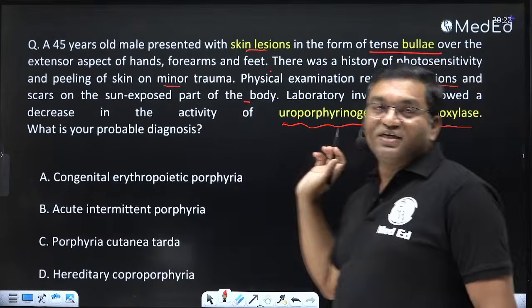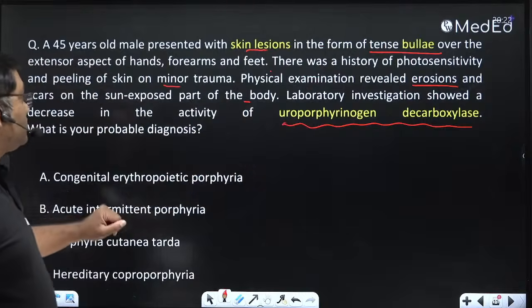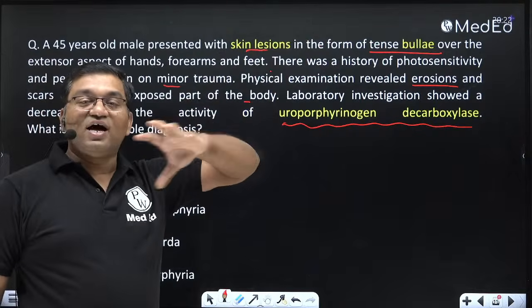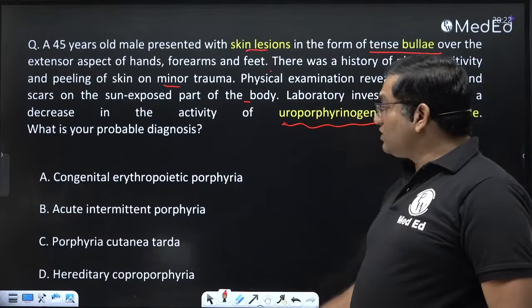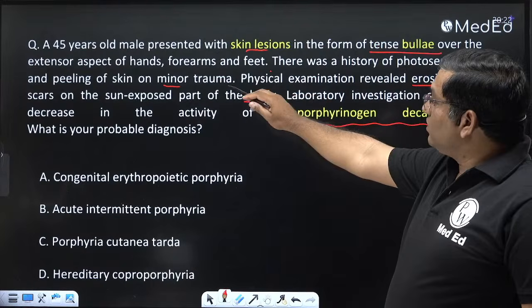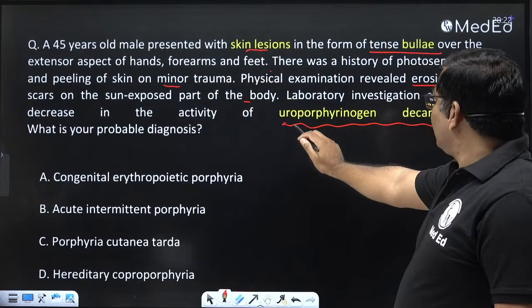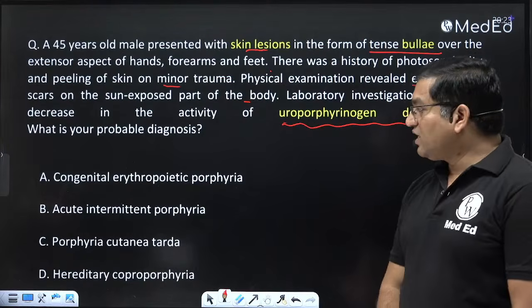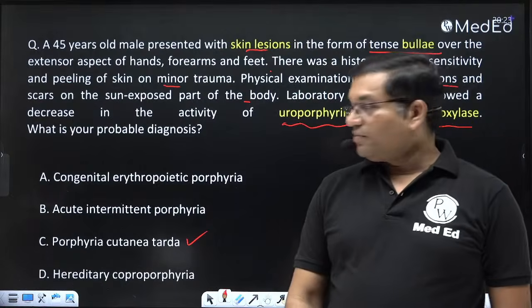So bullous skin lesions, the larger lesions and easily breakable erosions involving the extensor aspect of hand, forearm and feet, and decreased activity of uroporphyrinogen decarboxylase indicate porphyria cutanea tarda.